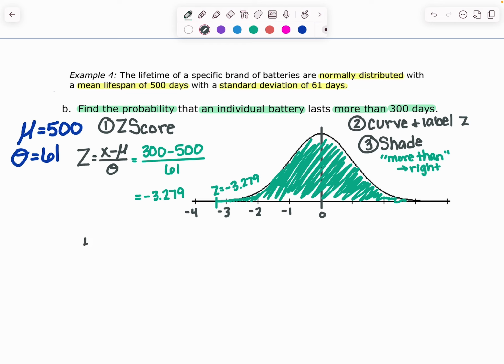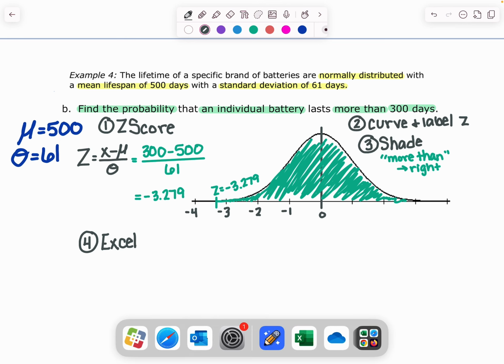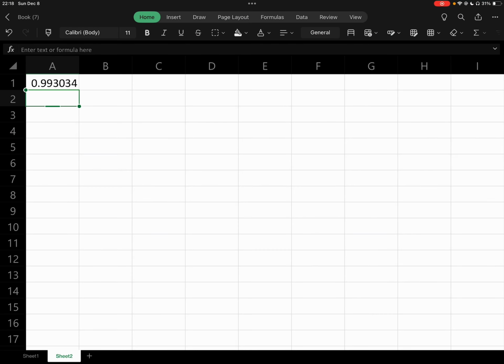So now I'm going to look at Excel. And this time I'm going to go straight into Excel. Okay, so that is the answer from the previous example that we worked.